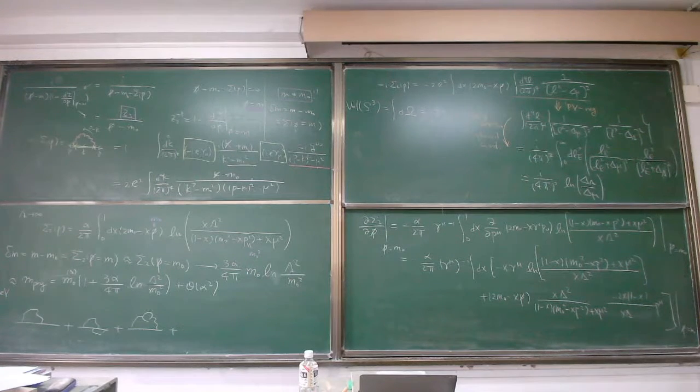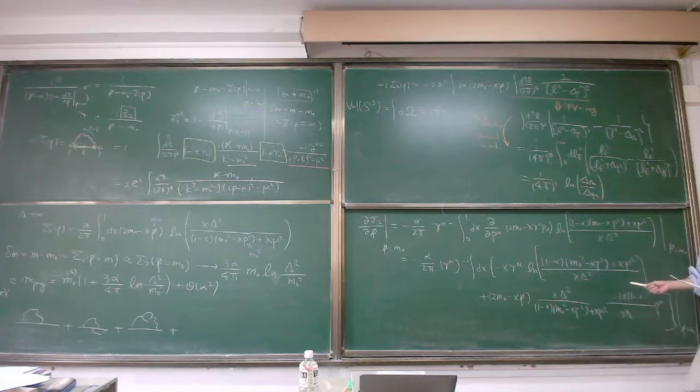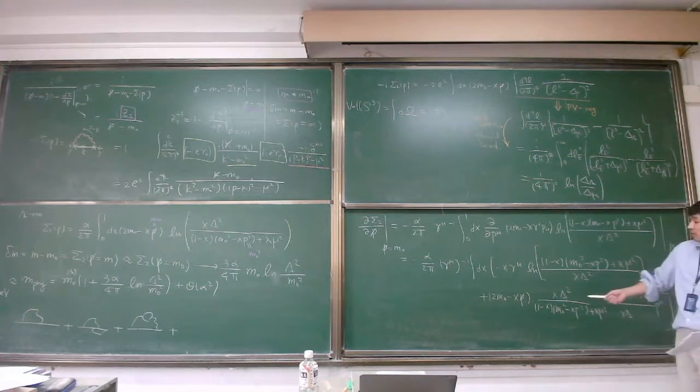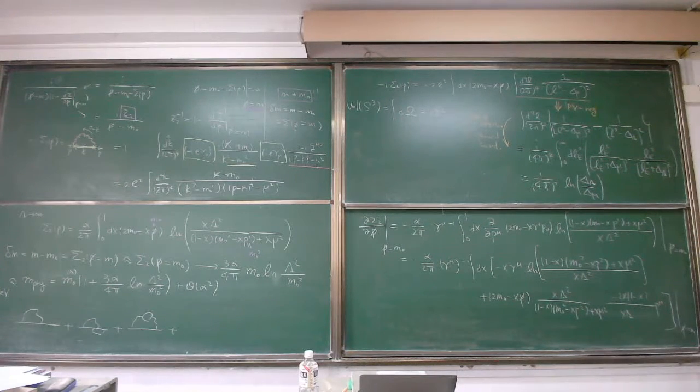Now plug that one to here. P slash, this is m0 square, so we just have 1 minus x square. And then the second part, let's see, p slash is m0. Sorry, I think I made some mistake.